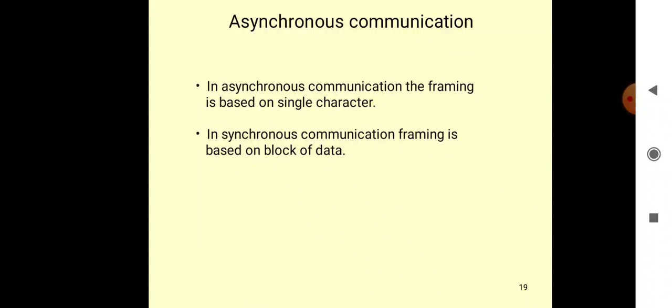In synchronous, the transmitter and receiver are synchronized to the same clock frequency. Synchronous communication is more efficient than asynchronous because start and stop bits are not necessary here. So synchronous transmission is faster than asynchronous transmission. For this reason, it is more useful for high-speed applications like transmission of data from one computer to another.